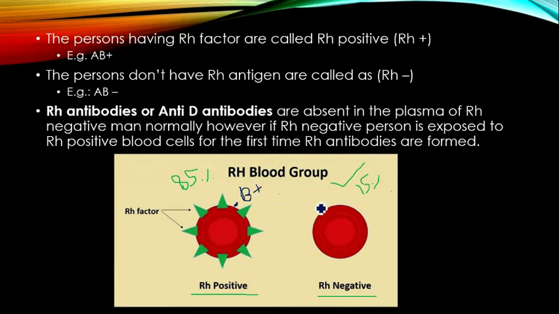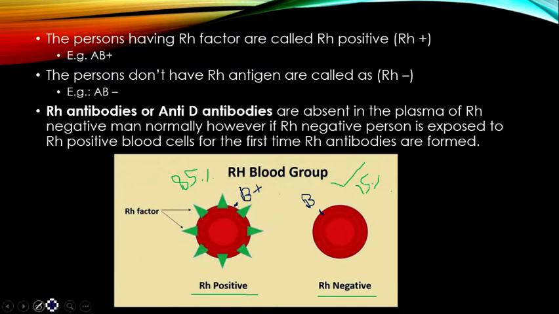B negative means they contain only B antigen without Rh factor. So the positive and negative blood groups are formed because of the presence or absence of Rh antigen. That is about the Rh antigen.